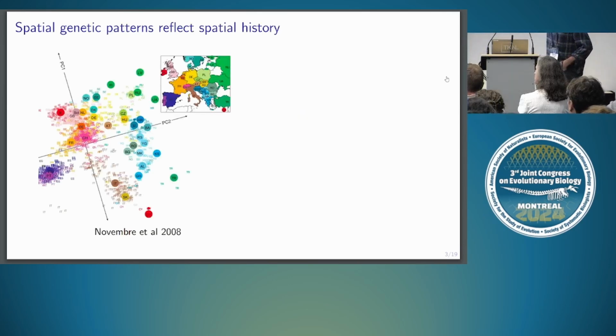The main piece that I want to get home today is just that spatial patterns in genetic diversity reflect spatial history, right? We see this in this example from humans, where individuals that are more genetically similar in this PCA come from geographically more similar places.